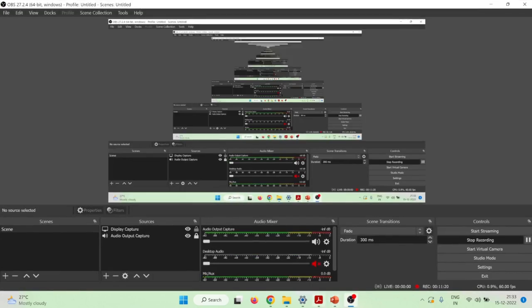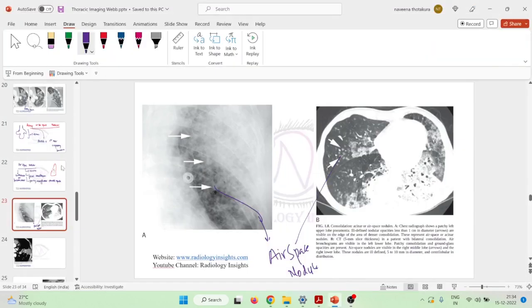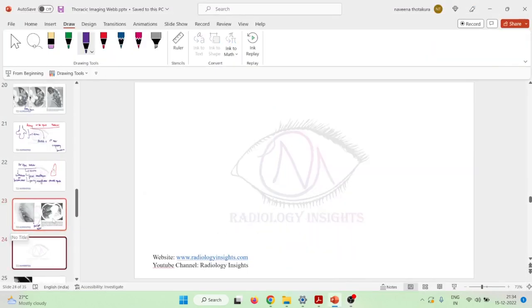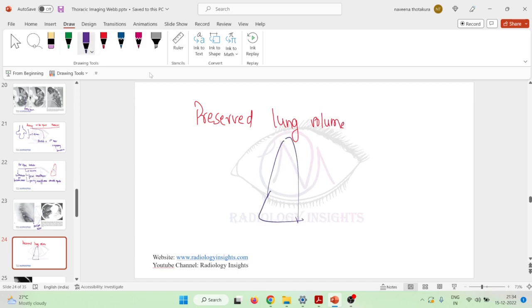Then one more important thing about consolidation is that there is preserved lung volume. That is the main difference between consolidation and collapse. In consolidation the lung volume is preserved, because actually the lung is normal, and inside the normal lung the alveoli are filled with water instead of air.